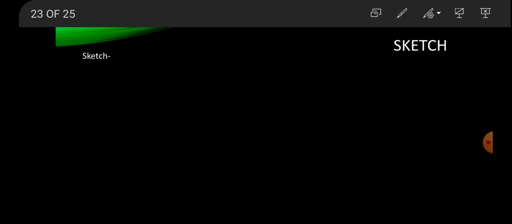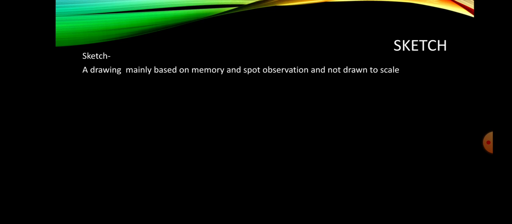Next, sketches. A sketch is a drawing of any area based on memory or spot observation, but it is not made with the help of a scale. It means a sketch is a rough diagram of any area, based on our memory and on the spot observation of an area.